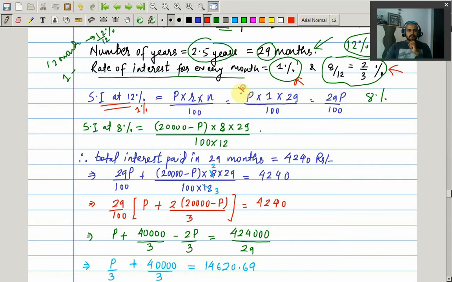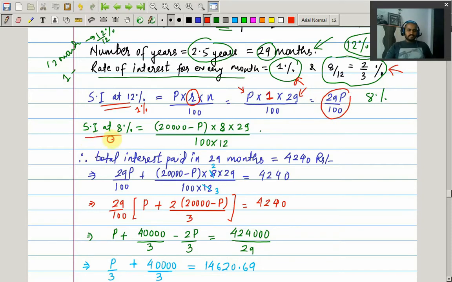P is the unknown amount, and everything I've converted to month wise. So the rate I'm putting is 1%. 29 is the total number of months I have kept that money with me. So it comes 29P by 100.